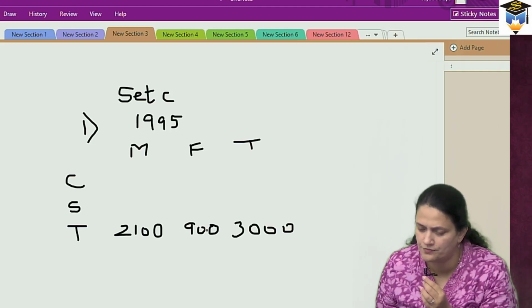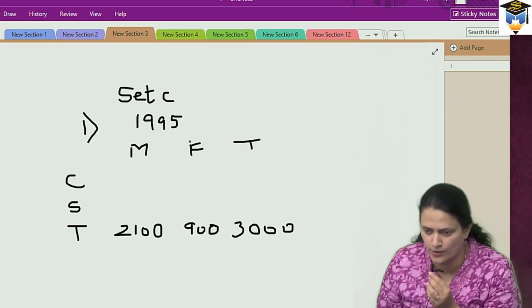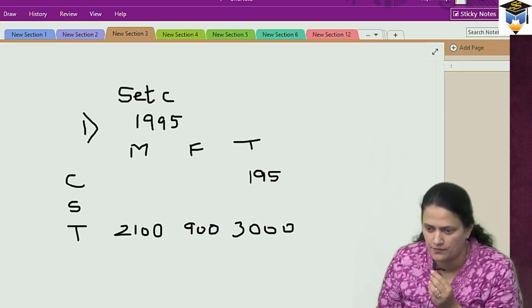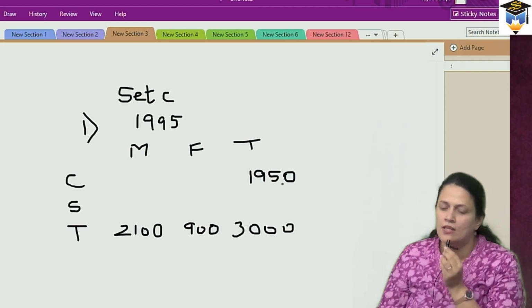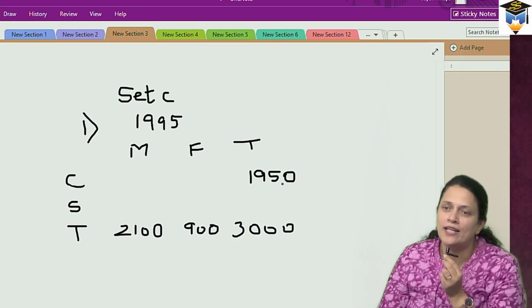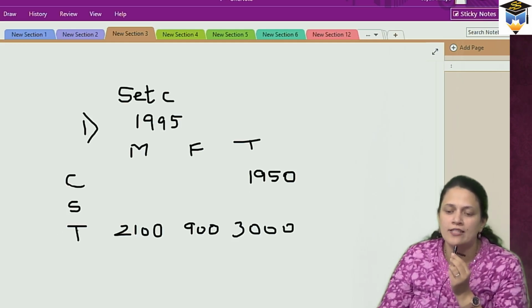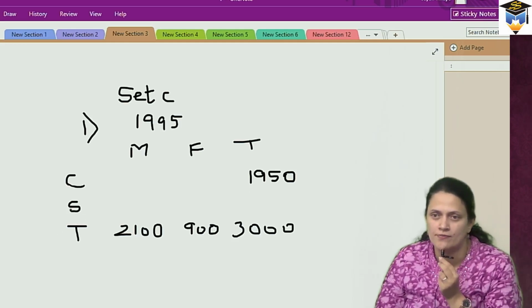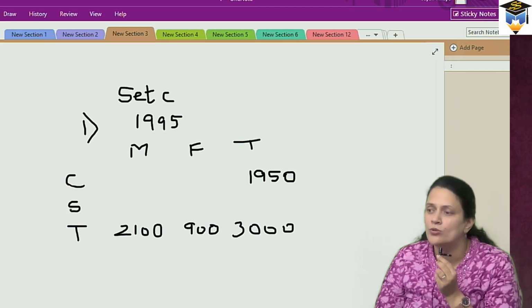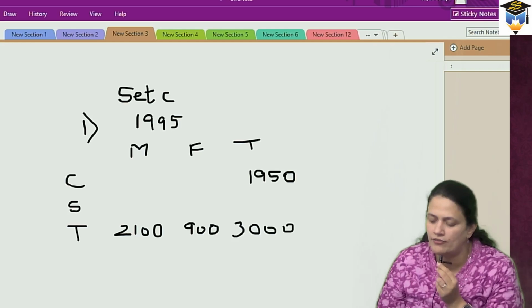So this total is given to us. So tell me how much is 3000 minus 1950? That will give us the number of science students. Do it.